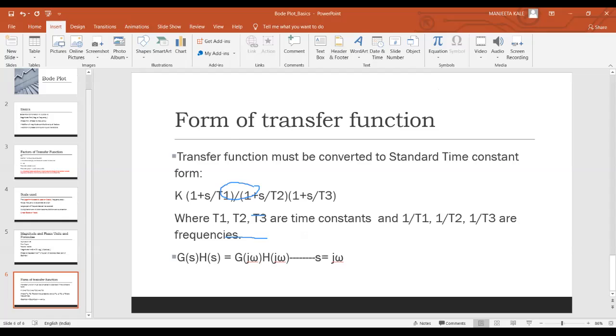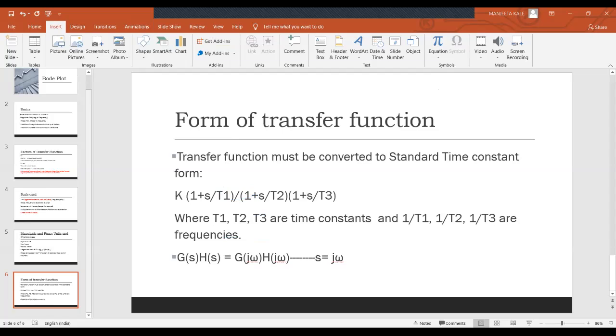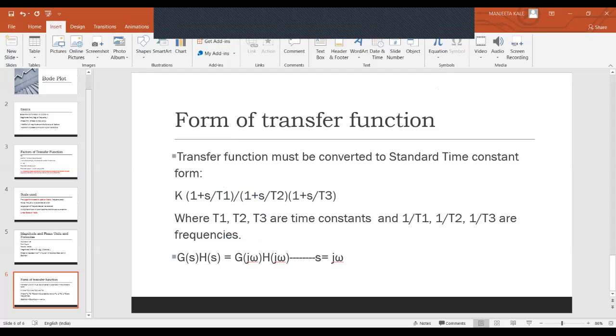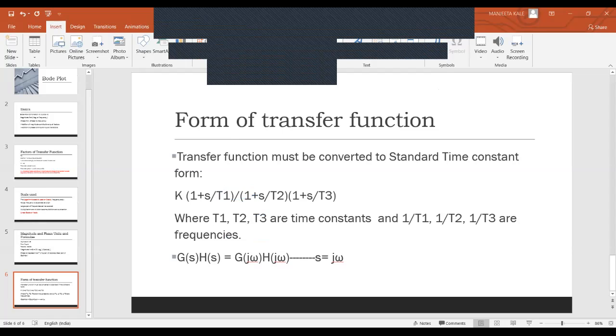Yeah, so now these are the transfer functions. This is the example of transfer function. There are certain formats that you need to use for transfer function for sketching the Bode plot. Now in that case, transfer function must be converted to standard time constant form. This we have studied. Standard time constant form is K(1 plus, sorry, this is my mistake, I'll correct it.